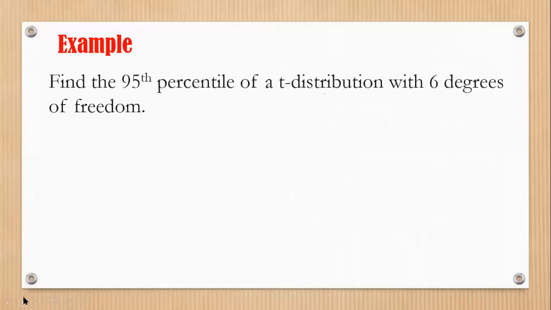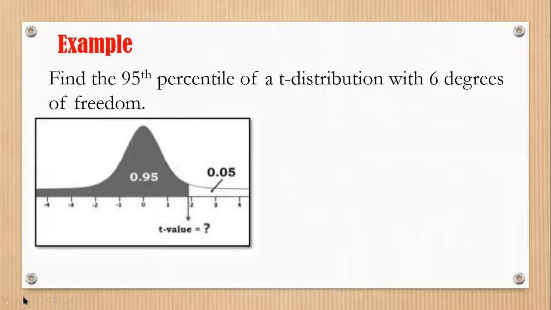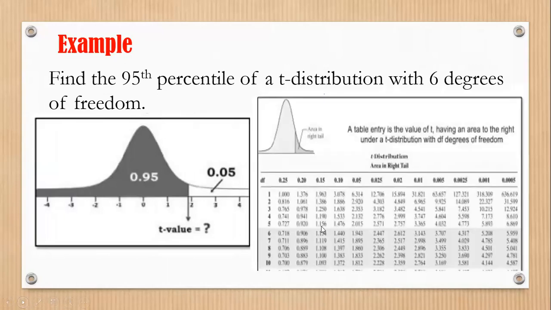So let's say, for example, find the 95th percentile of a t-distribution with degrees of freedom 6. So you know that this is 0.05. So we need to look for the column of 0.05, and 6 minus 1 is 5. Therefore, the t-value is 2.019. Okay, so this is incorrect.